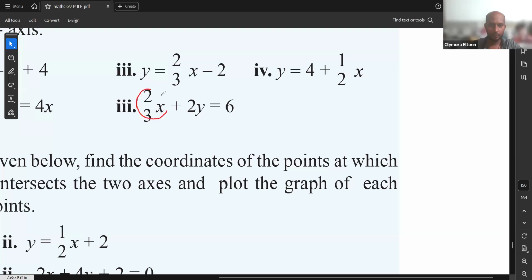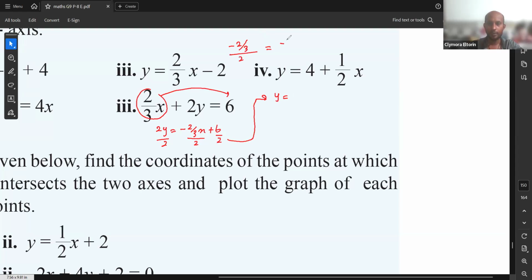What I did here: I brought this third part over, so it becomes 2y equals minus 2 upon 3x plus 6. All the terms should be divided by 2. So y equals minus 2 upon 3 divided by 2.